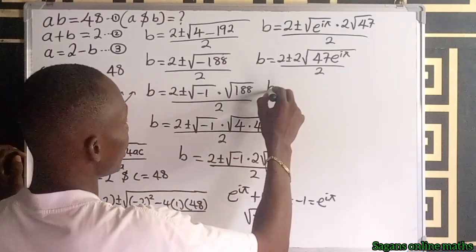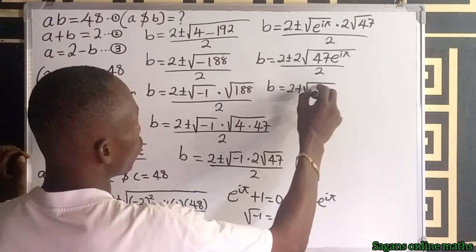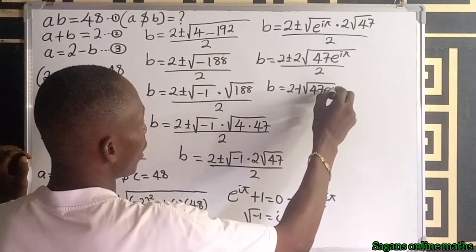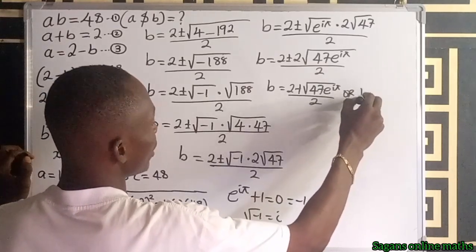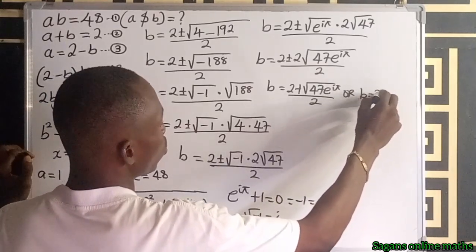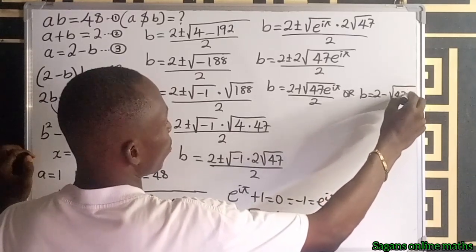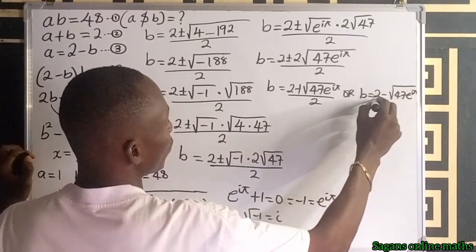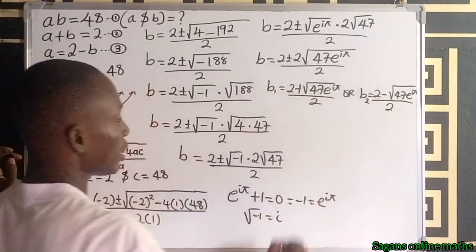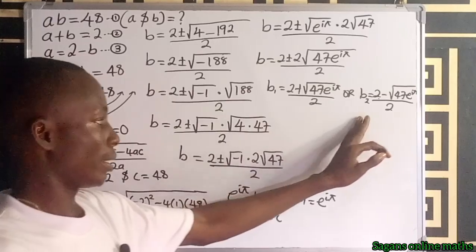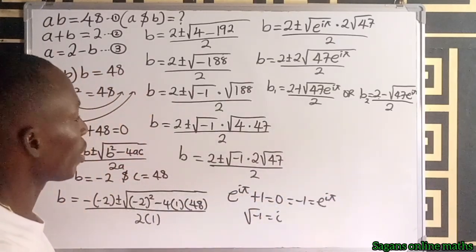Now it means that b is equal to 2 plus root 47 multiplied by e to the power of i pi over 2, all divided by 2, or b is equal to 2 minus square root of 47 e to the power of i pi over 2, all divided by 2. Now this is b1 and this is b2. These are the values of b. Wow, this is amazing. So how are we going to know the values of a?